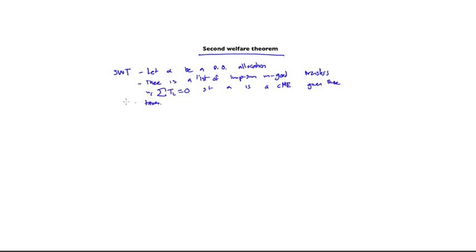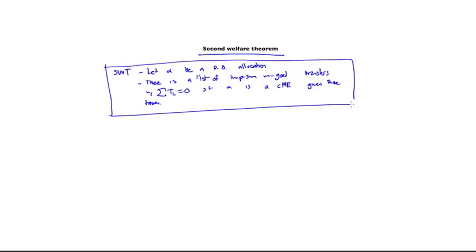Okay? So in other words, and this is very striking, you can make any Pareto optimal allocation the result of the market if the government, before it lets people trade, just implements a particularly chosen vector of lump sum transfers.